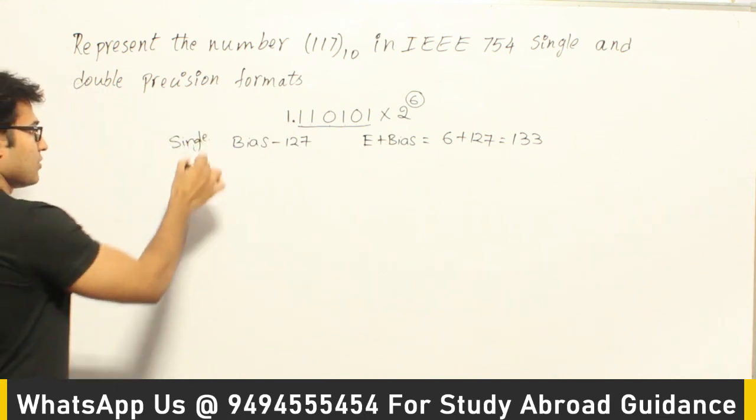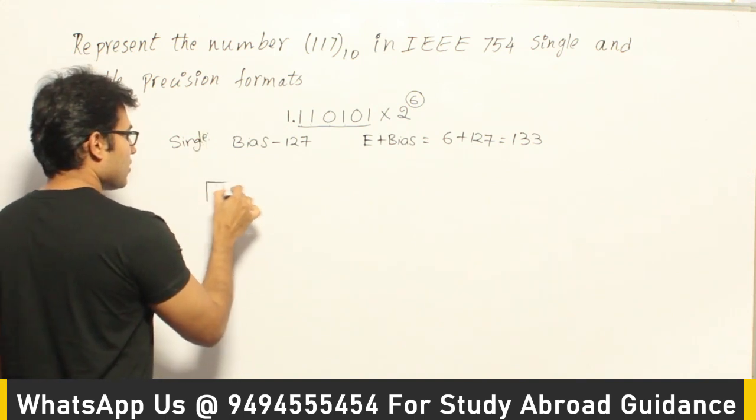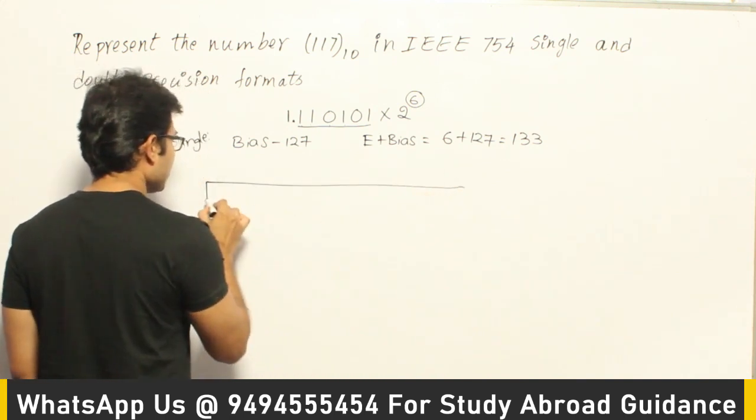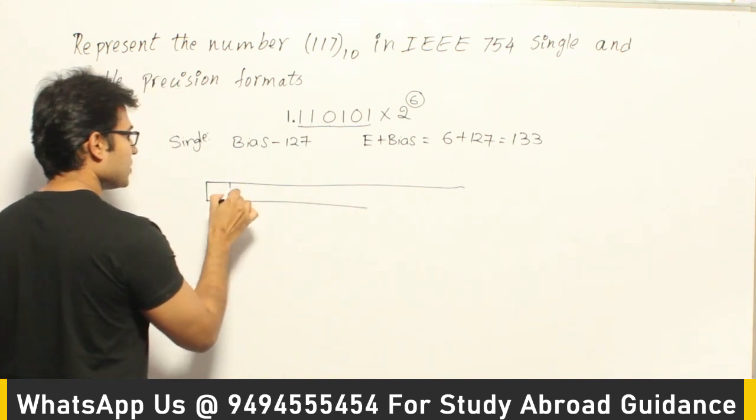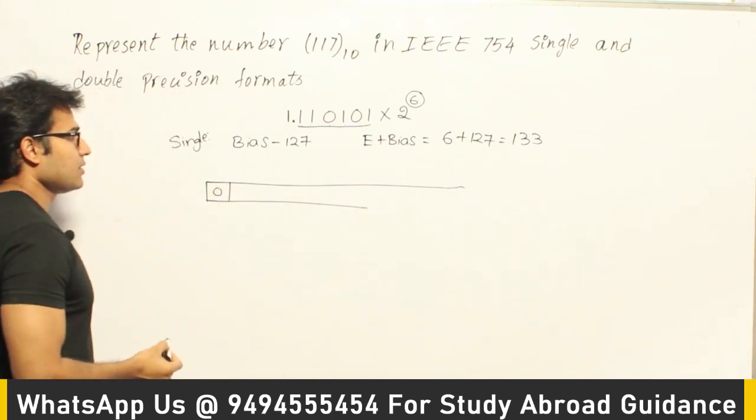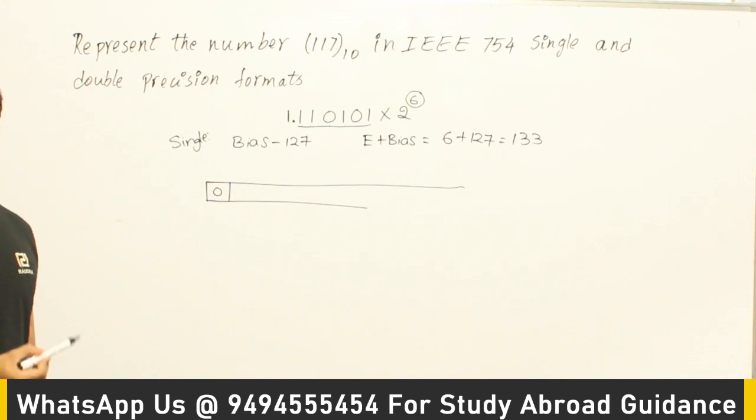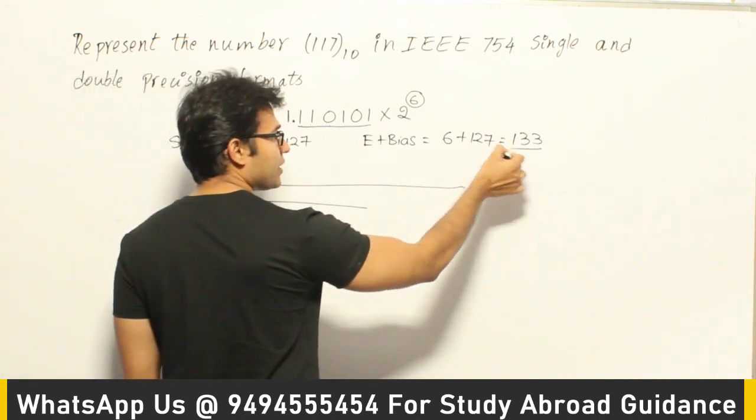In single precision, if we have to represent this, we know that the first bit is going to be the sign, and since it is a positive number, the first bit is going to be 0, and the remaining 8 bits are going to be the exponent, which is biased, which means I need to save 133.